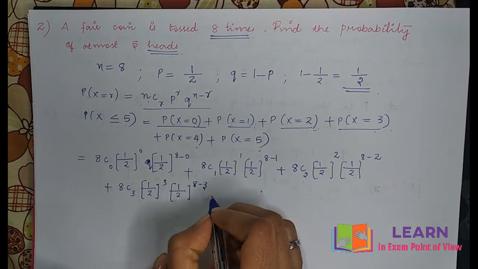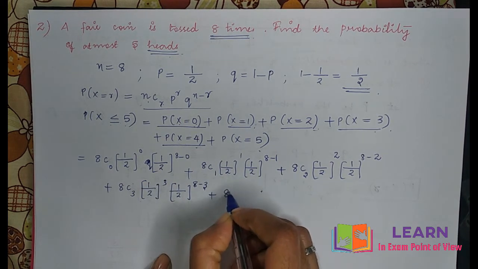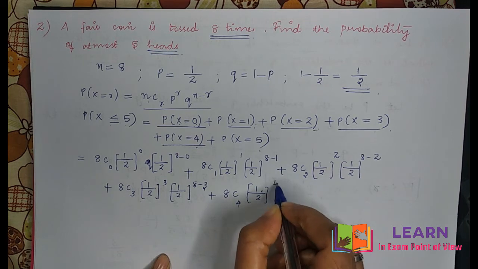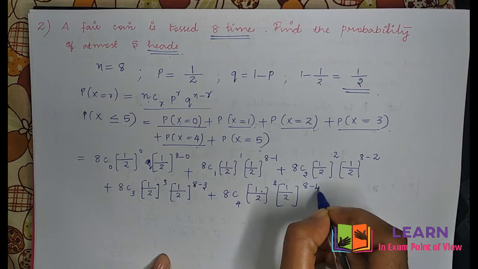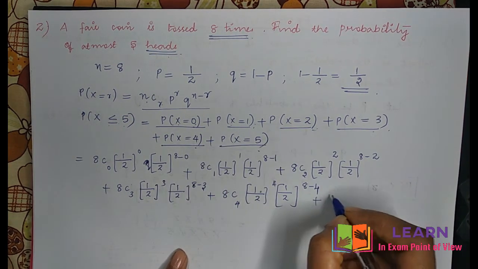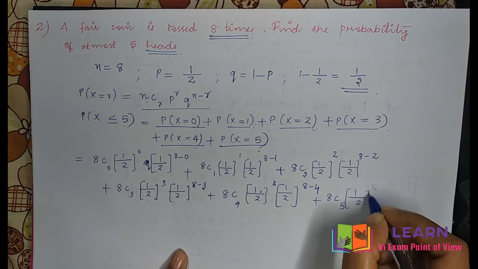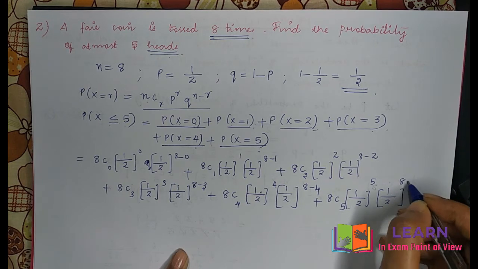Next plus 8C4 (1 by 2) raised to 4, then (1 by 2) raised to 8 minus 4. Last one, plus 8C5 (1 by 2) raised to 5, (1 by 2) raised to 8 minus 5.